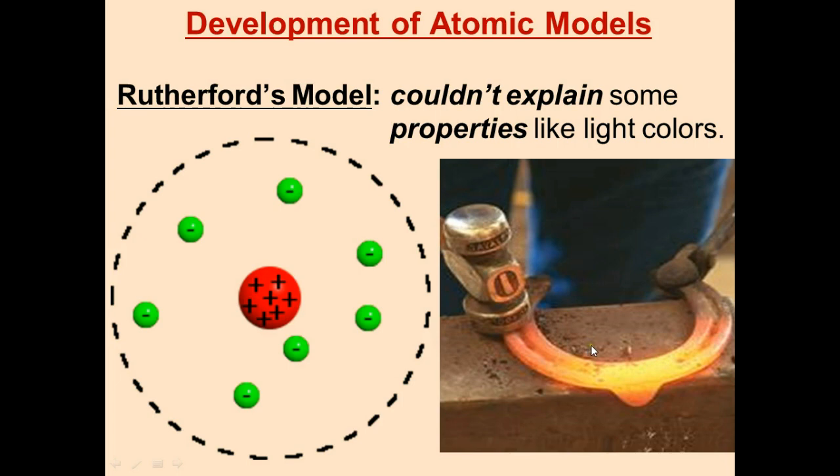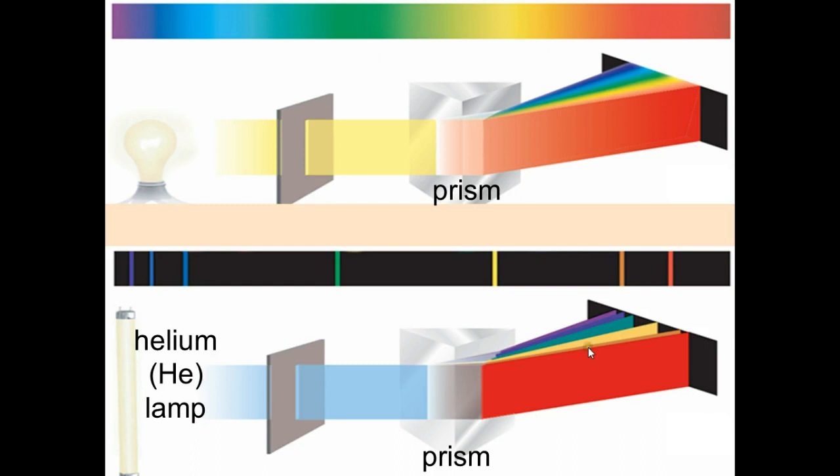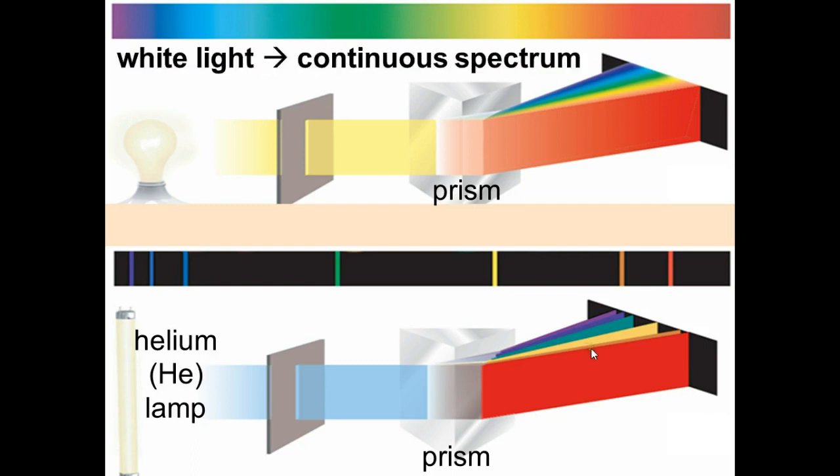Before we talk about how this model works, we have to understand what the atomic emission spectrum is. I'm sure all of you have heard of the electromagnetic spectrum, which is caused by diffusing white light through a prism, and all the colors are shown, starting from violet all the way to red.